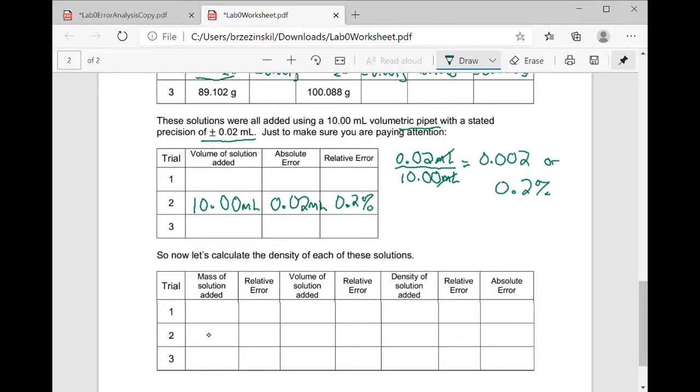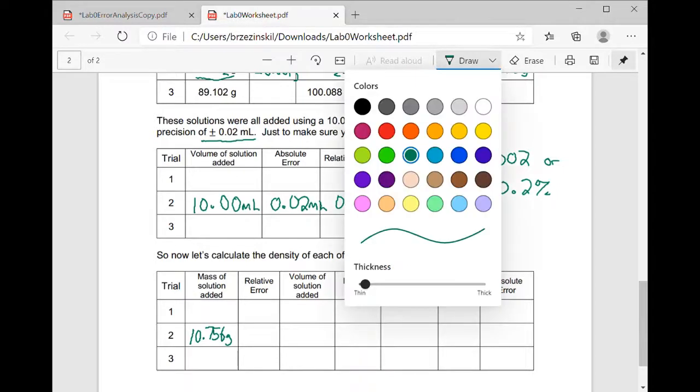Okay, review the mass of solution added. Again, it was 10.756 grams. Now we're going to figure out the density here by dividing the grams by the milliliters, the mass over the volume. Okay, so our absolute error in that mass is 0.002 grams.